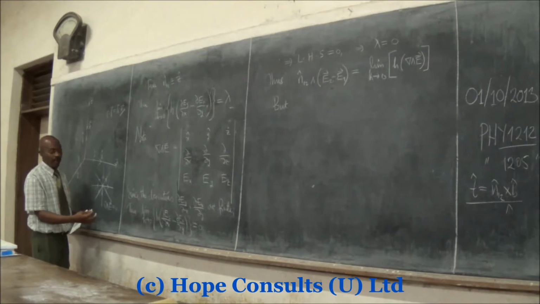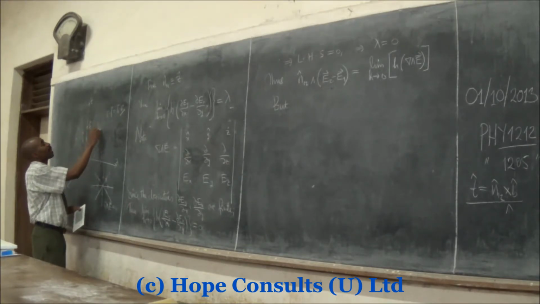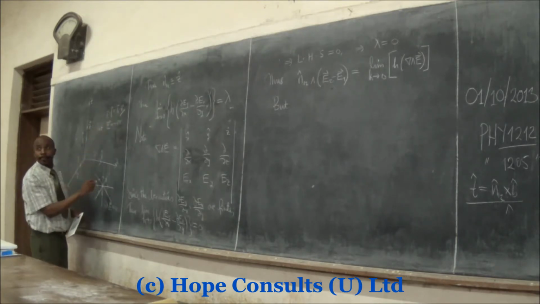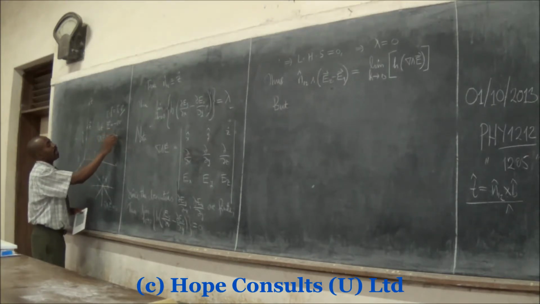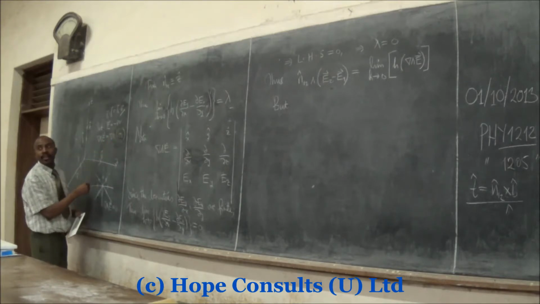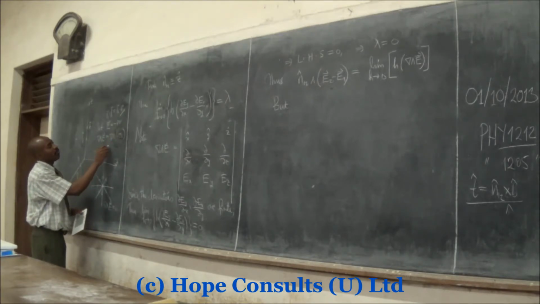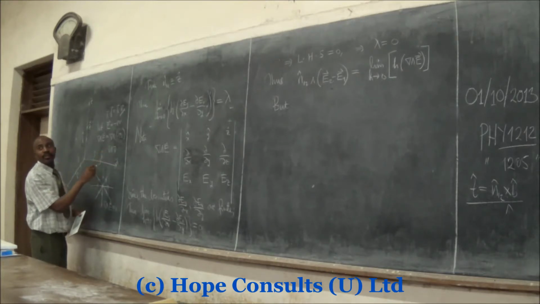Even if we didn't do that, if we just said that E equals minus grad V, and we take the curl of E, this would be the same as the curl of minus grad V. And when we cross a vector with itself, we get 0.